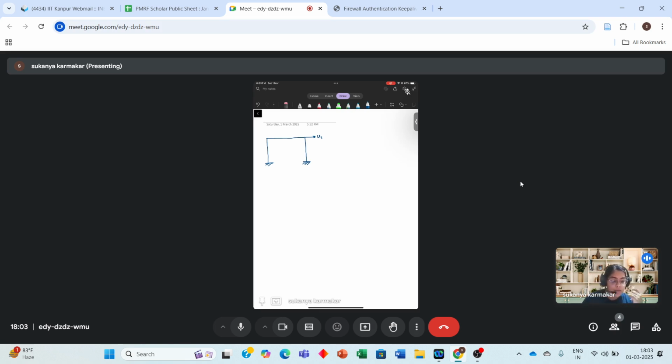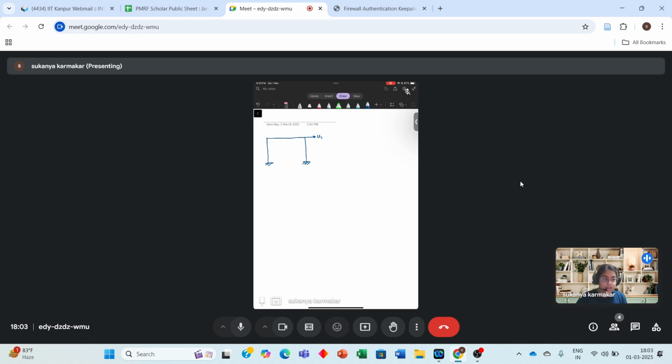So, first, how do you define it? Do you have an idea about kinematic degrees of freedom? Yes, ma'am. The directions in which the object is allowed to displace.